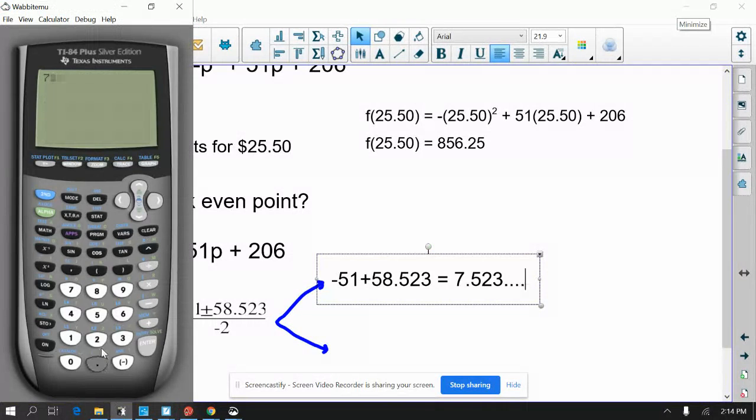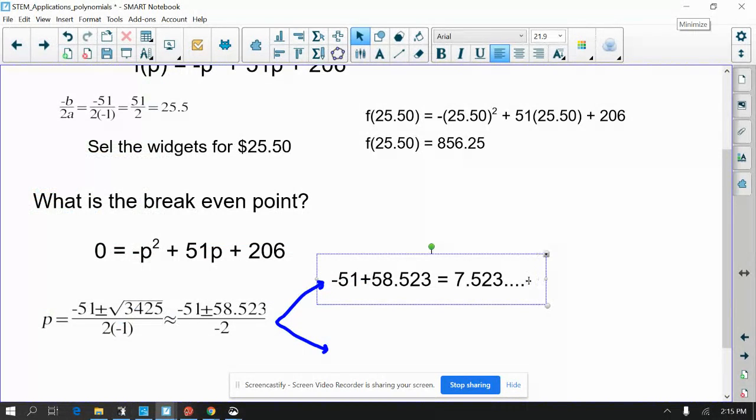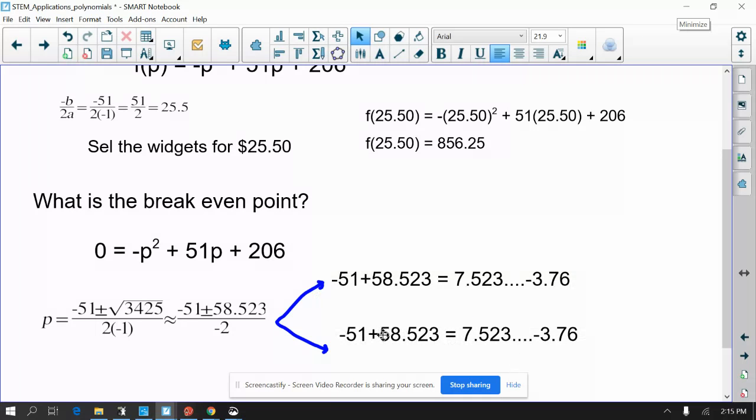So 7.523 divided by negative 2 is negative 3.76.